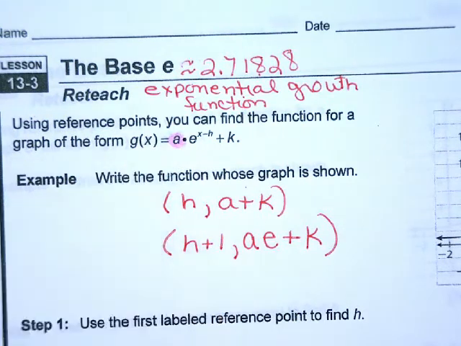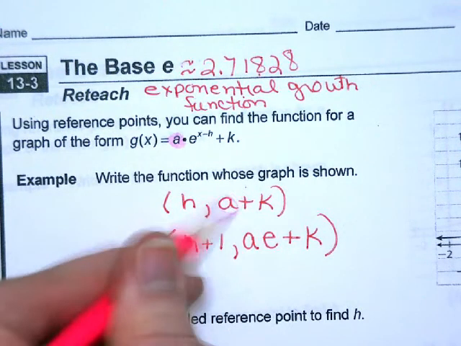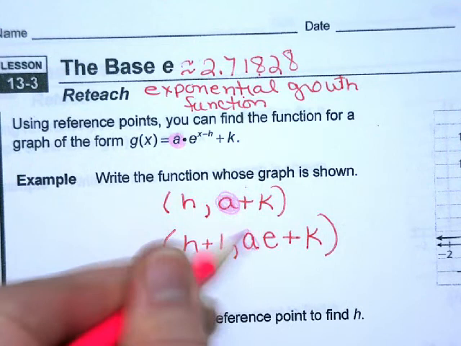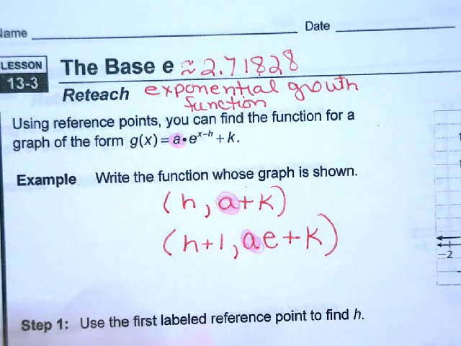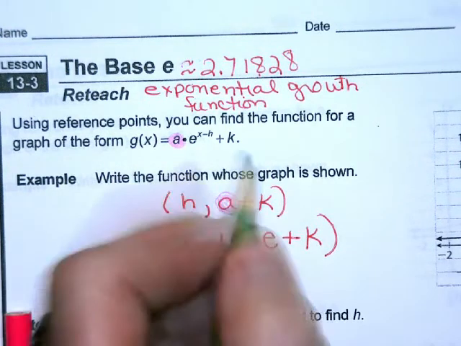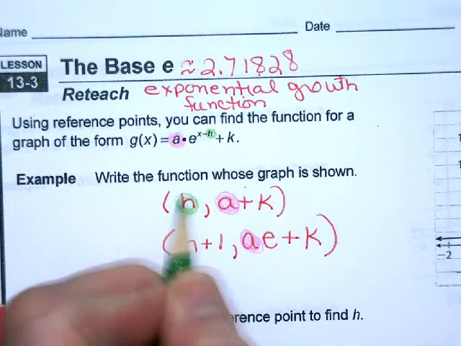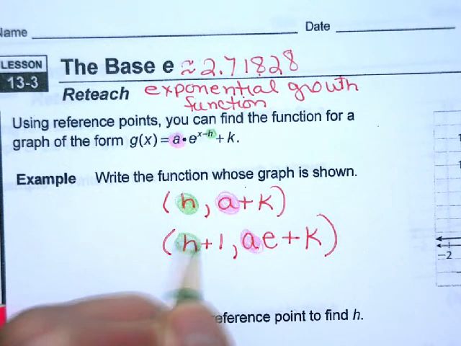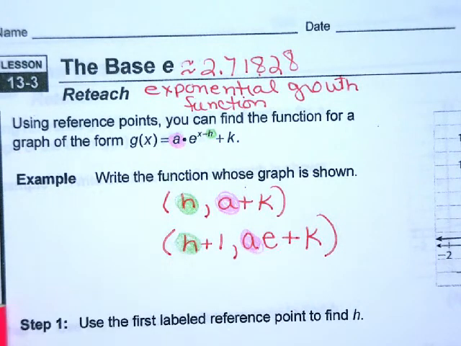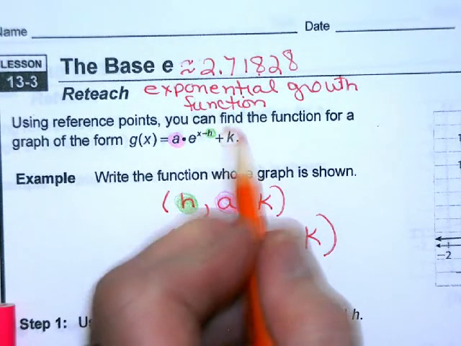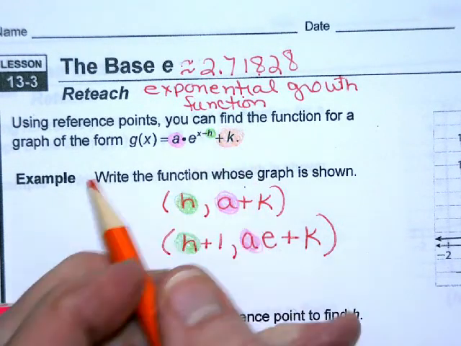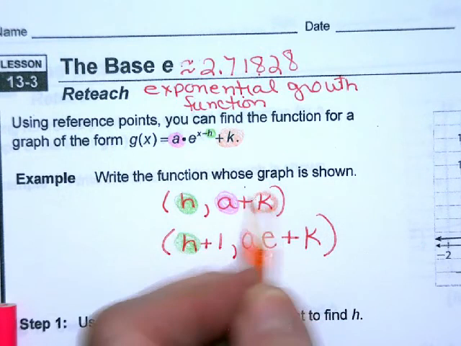So those are your two reference points. So this is where we find a, right? We use it in our reference points, either to write the reference points or to write the function. Our h, I think, was green. That's up here in the exponent. What's being subtracted from x. And the k is the asymptote number.